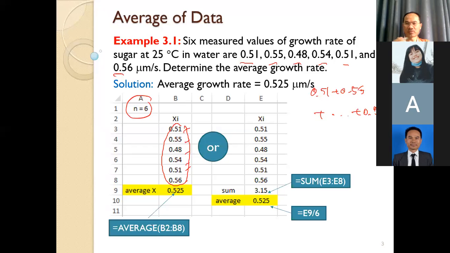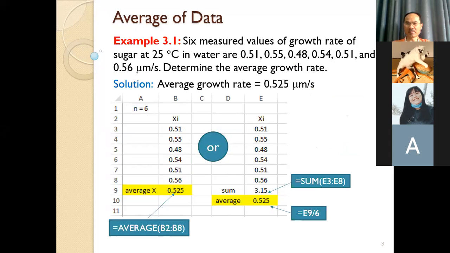After you sum this value, you get 3.15. And then you divide this by 6. 3.15 divided by 6, you get 0.525. This is the average. I also show you in this slide that we can use Excel. If you have big data, 100 data, 1000 data, it is difficult to calculate manually.